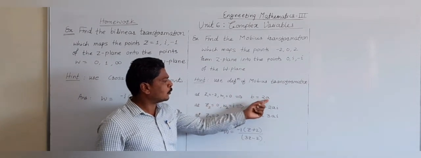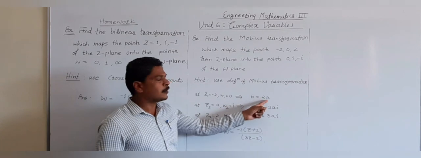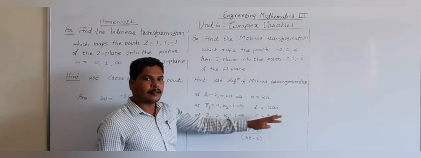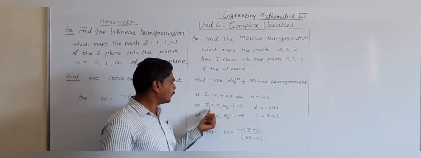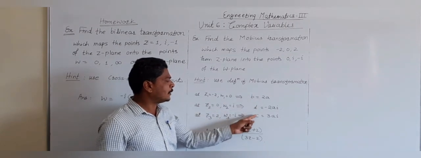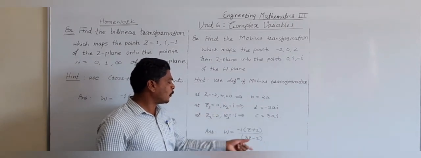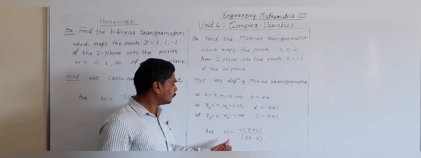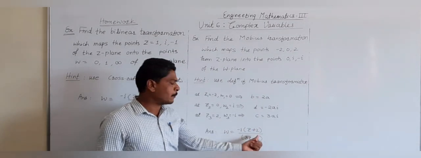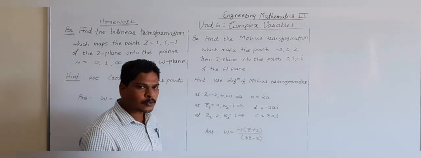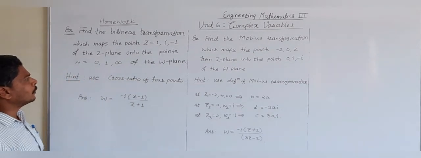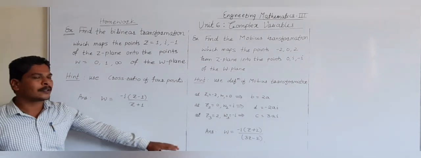We get the equation B is equal to 2A, that means we get B in terms of A. Similarly, we define C and D in terms of A using the next points Z2 W2 and Z3 W3. In that way we get B, C, D in terms of A. Now use these in our definition of bilinear transformation. We get W is equal to minus i into bracket Z plus 2 divided by 3Z minus 2. In that way we can easily simplify these two examples. So try these two examples at home.